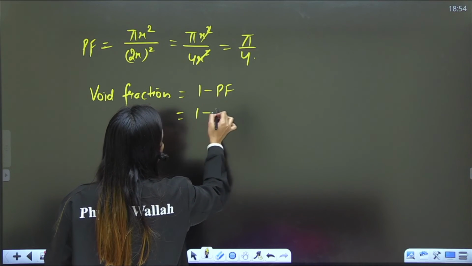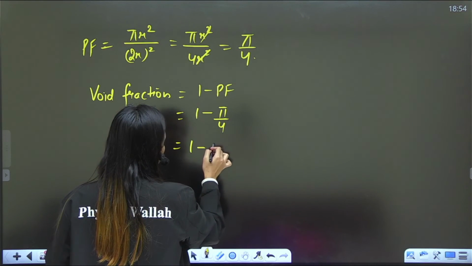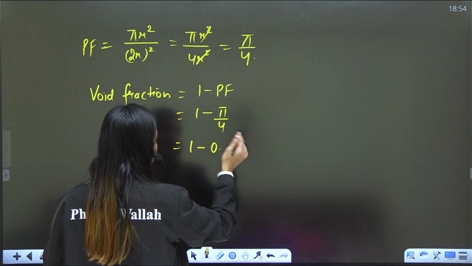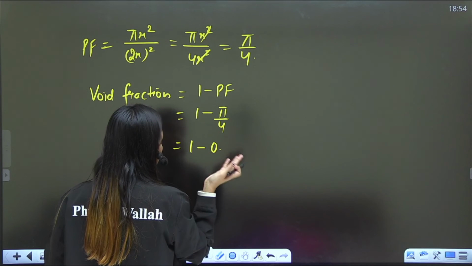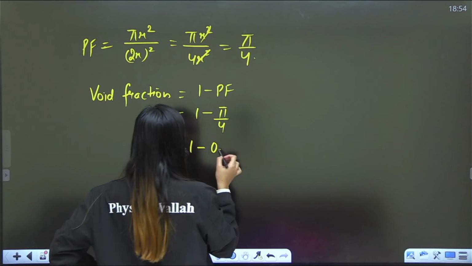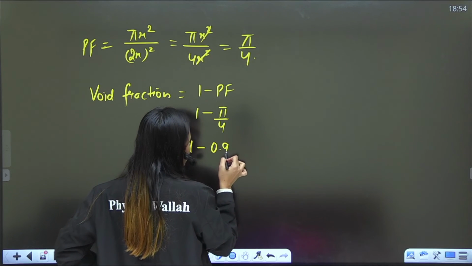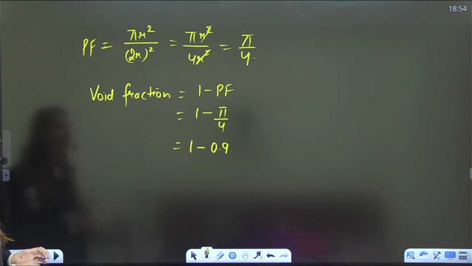This would be 1 minus pi by 4. And this would come out to be 1 minus 0.785, that is 0.214, right? So that would be about 0.21. Yeah. So this is how you will calculate. Just calculate the full value here.